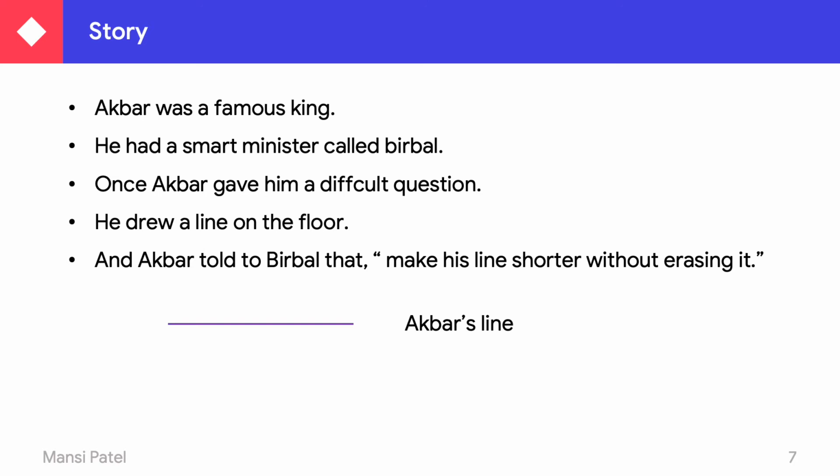So what is Birbal doing? Birbal just draws one big line below this line. So you can see here whose line is longer? Birbal's line. So automatically Akbar's line becomes shorter. That is why all the people say that Birbal is the smart minister of Akbar's court.